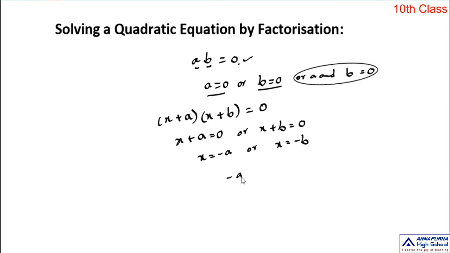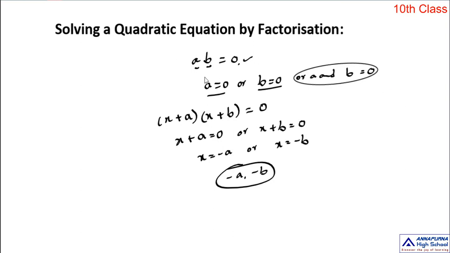So here minus a and minus b are the required solutions of the given quadratic equation, and this is the most important point. Not only in factorization method, in arithmetic also this is the most important. If a b is equal to 0, then either a is equal to 0 or b is equal to 0, or both are equal to 0.